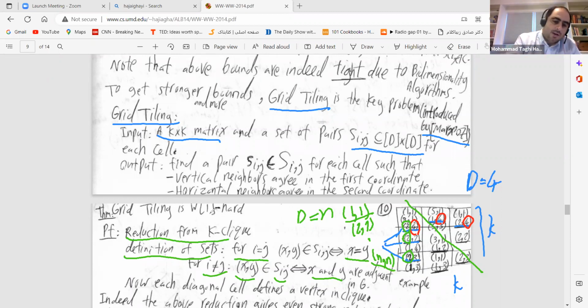So this problem is W[1]-hard, because clique was W[1]-hard, and there is such a simple reduction.